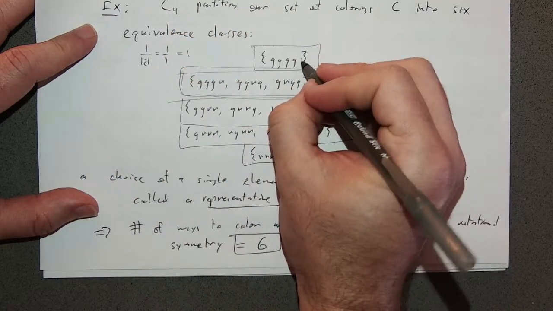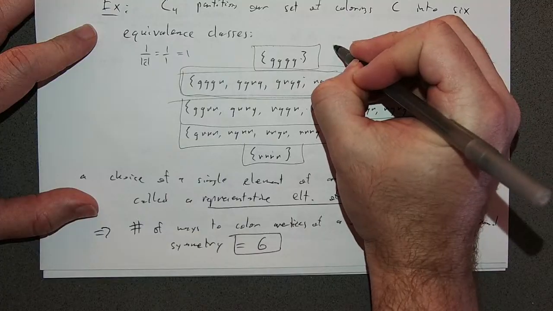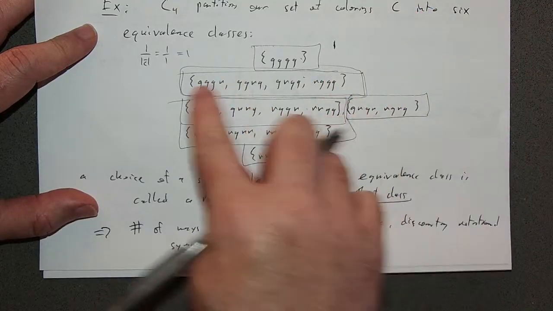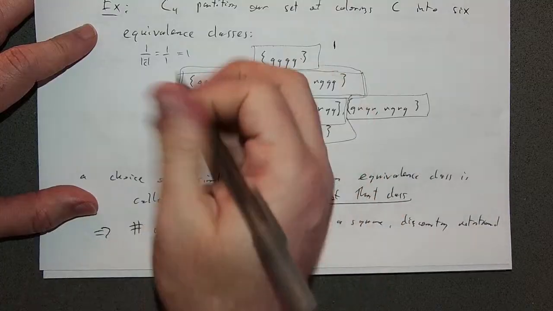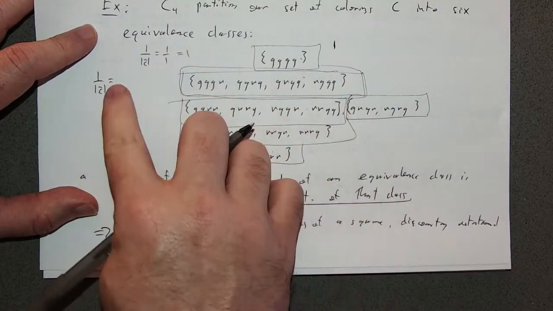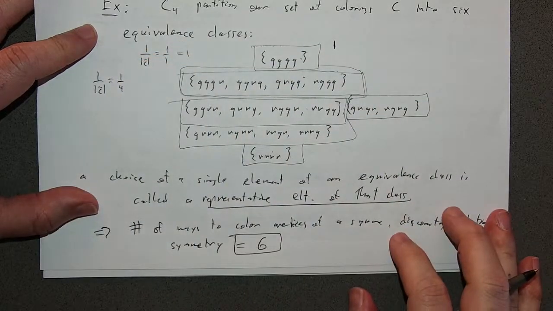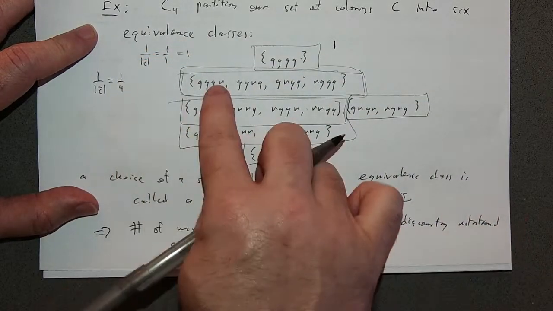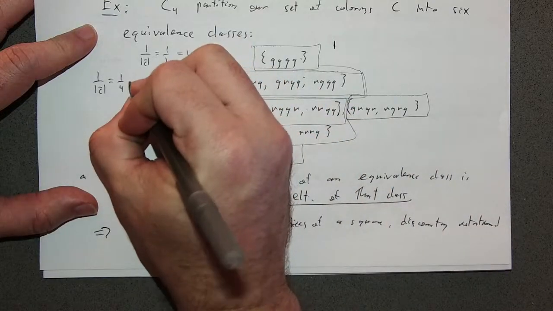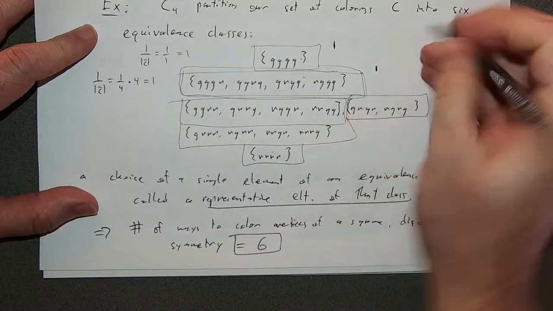There's only a single coloring here, so you just get 1 as your contribution. Here, 1 over the size of C bar is 1 over 4, but there are 4 colorings. So this is 1 over 4 times 4, so 1, again, is the total contribution in the sum.